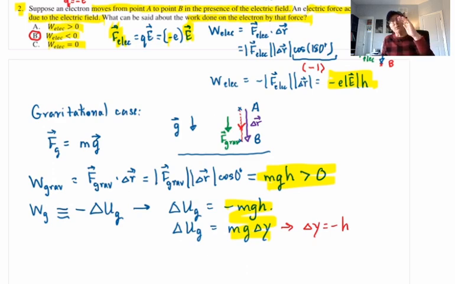So as a charged particle moves from A to B, we can talk about a change in electrostatic potential energy. And I want to talk about that now. We're going to figure out the formula for it in analogy to the gravitational case. So here we go.